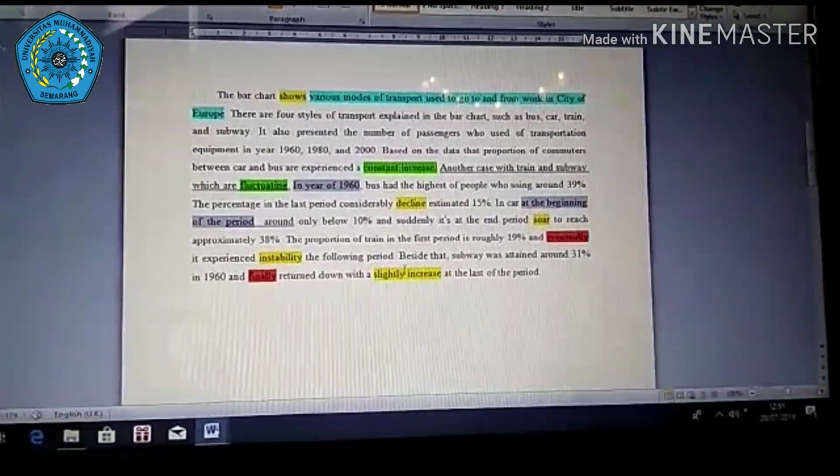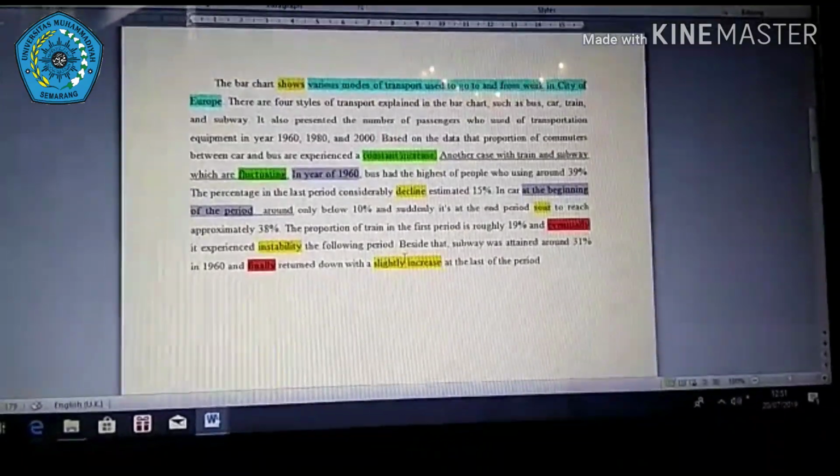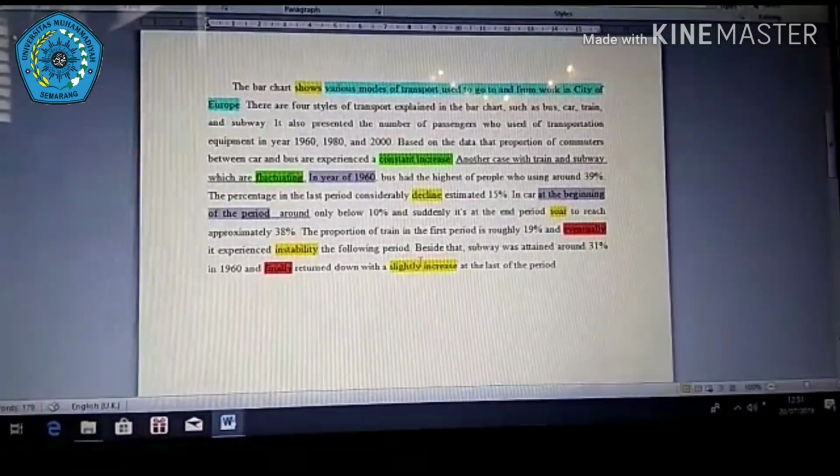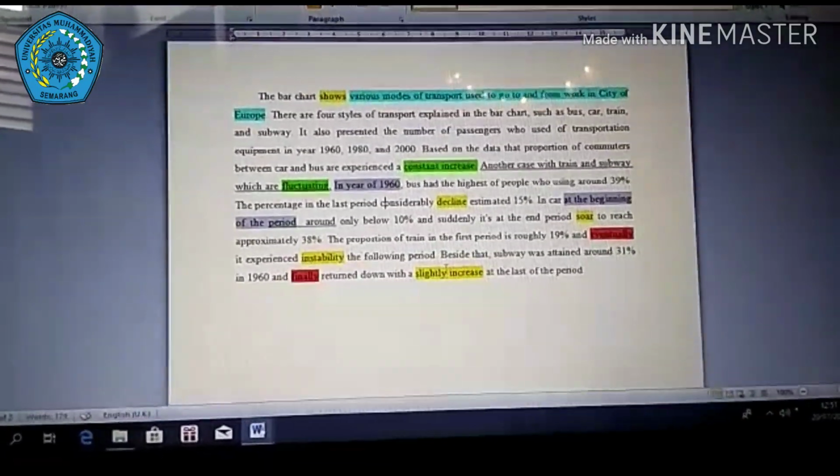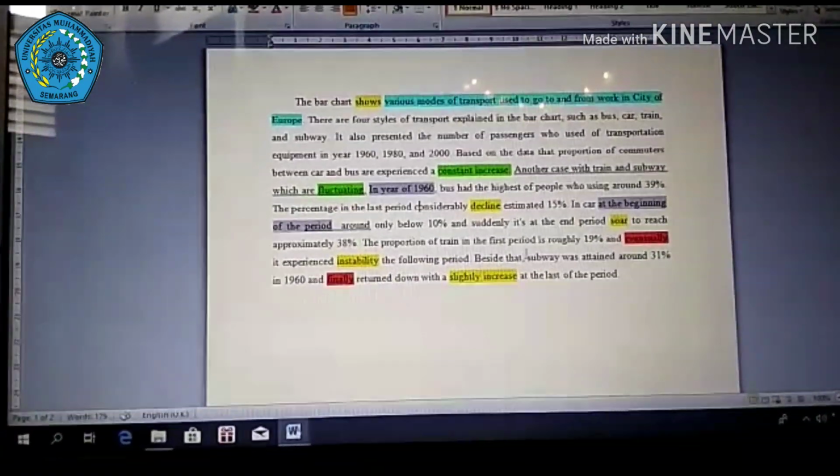Ending points describe the last point reached by data, and are usually marked with eventually or finally, like I colored in red. That is enough for my explanation of the bar chart.